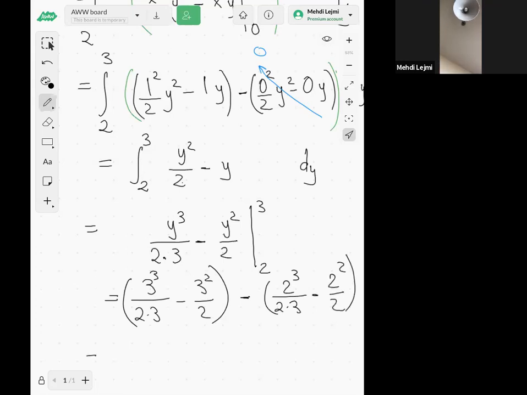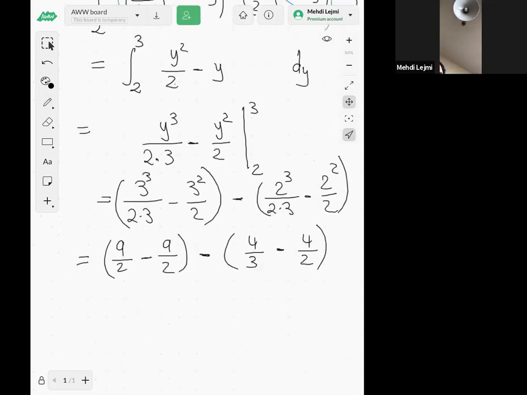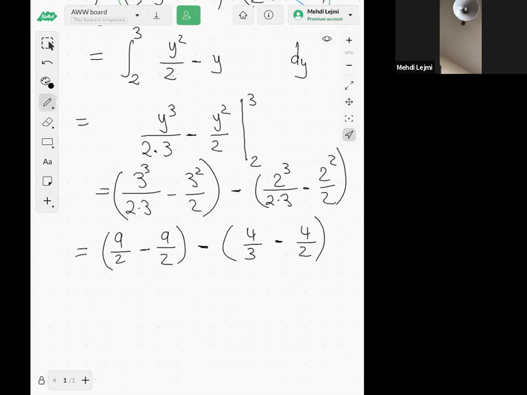So that will be equal to 3 cubed over 3, that's 27 over 3, that's 9, over 2. So this is 9 over 2 minus 9 over 2, minus, and then we have 2 cubed over 6, so that's 4 over 3 minus 4 over 2. The 9/2 minus 9/2 is just 0.